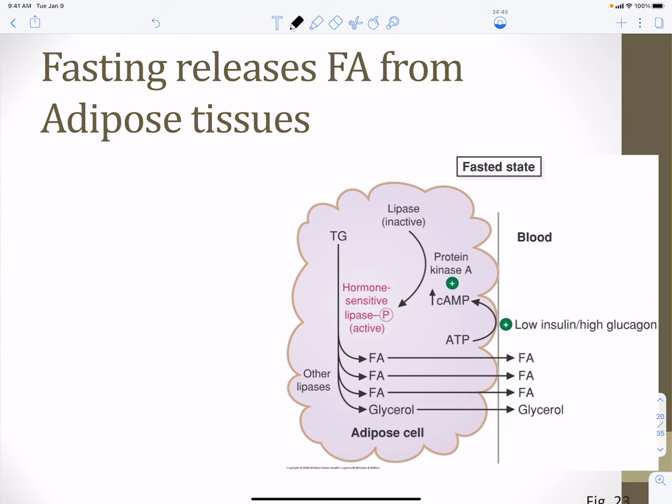Okay, so as we know, fasting, you're going to release fatty acids from your adipose tissue because your insulin levels are low, and so glucagon will trigger breaking down fats in adipose tissue.